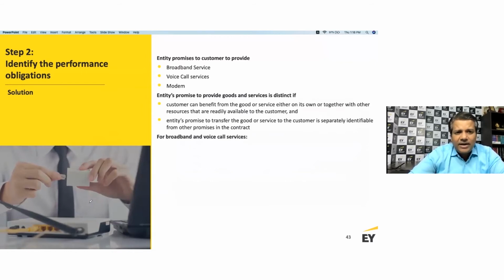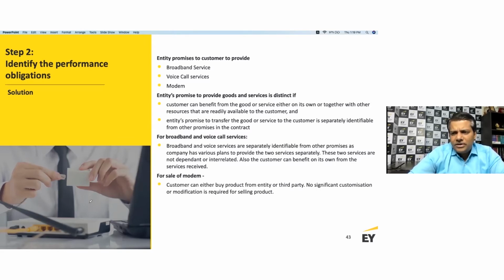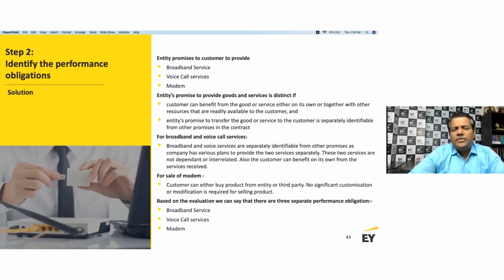For the broadband and the voice, these are separate plans, and they are not interdependent or interrelated. Similarly, for the sale of the modem, you can decide to buy from the service provider or from the market. No customization or integration is required. So there are three different services being offered in this example.